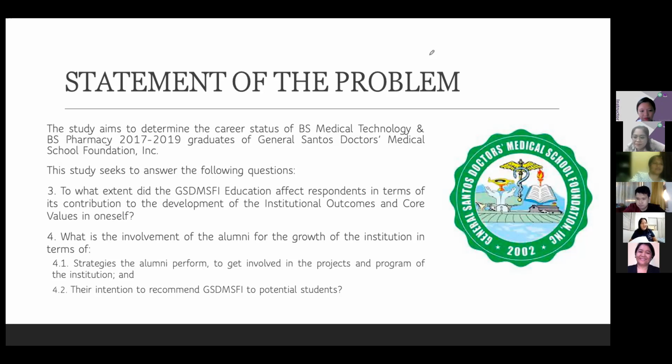Then ang number 5, what is the extent pa rin, di ba? What is the extent of the involvement of the alumni for the growth of the institution in terms of, bakit nag-iba na ang aking in terms of intention to recommend?